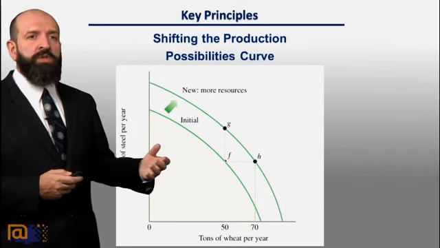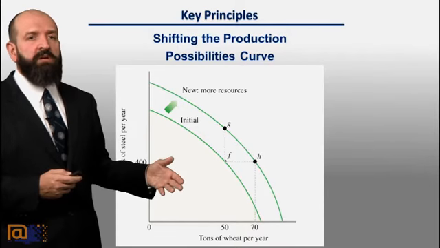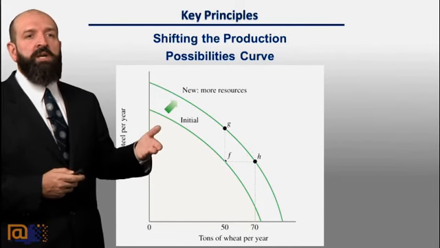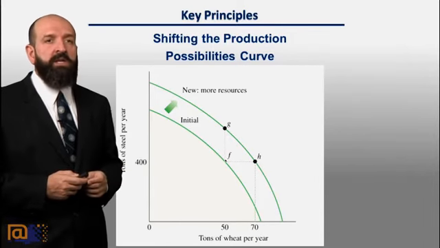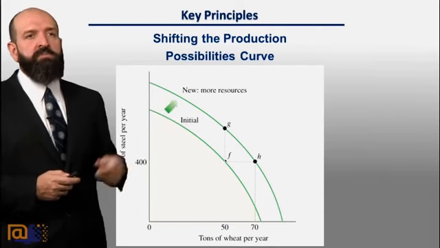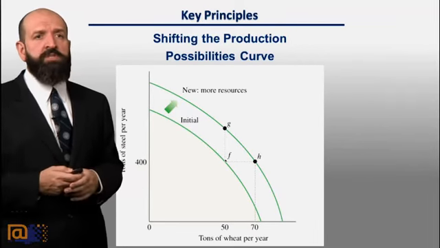The combinations within the production possibilities frontier are not efficient combinations because you can actually do better by increasing one activity or another. On the other hand, the points outside of the production possibilities curve are not available to you just because you don't have enough resources.